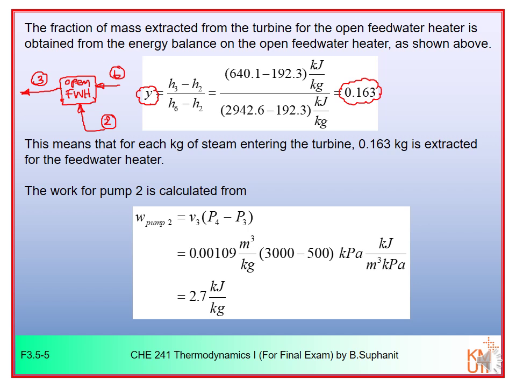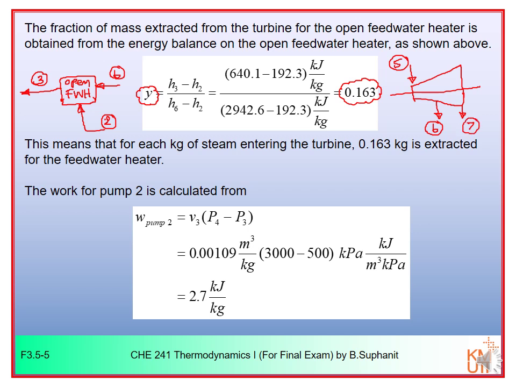So it means that from the turbine, with the inlet at number 5, you extract out at number 6, and the final exhaust would be at number 7.